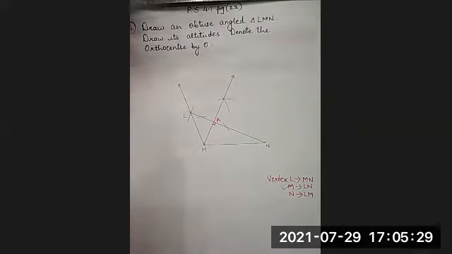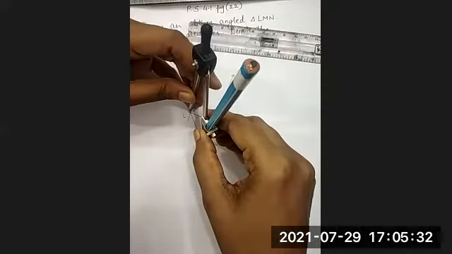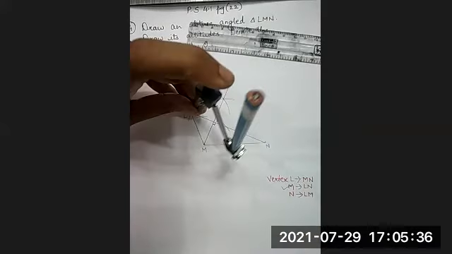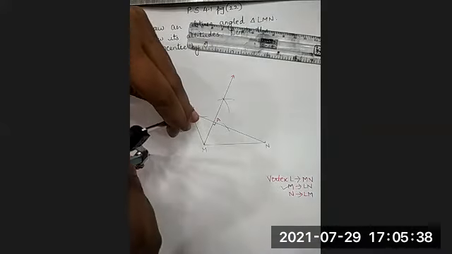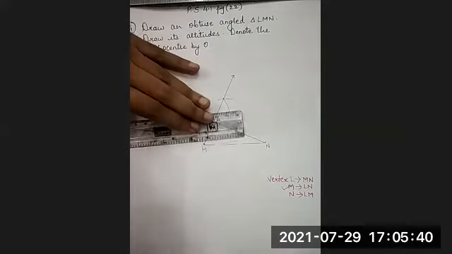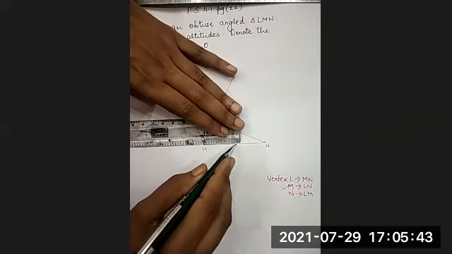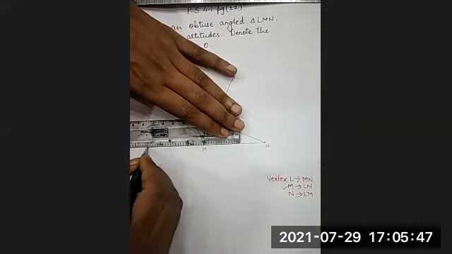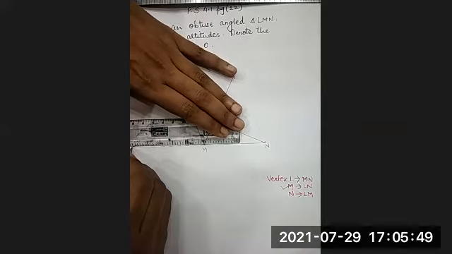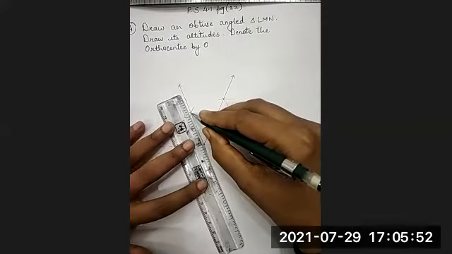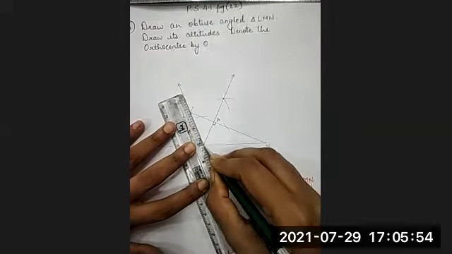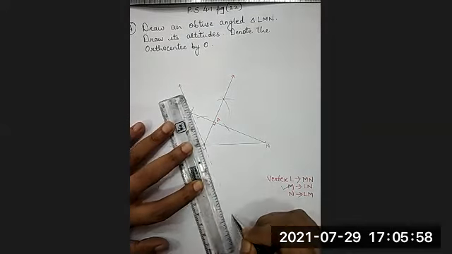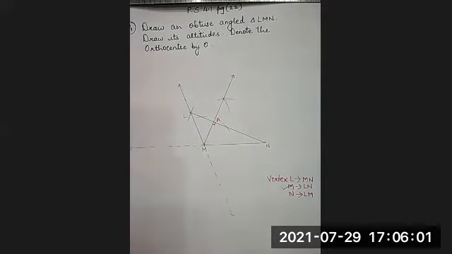Now let me take vertex L. So from L again to the opposite side, we have to draw a perpendicular. But if you see my other arc, it is coming outside the triangle. So what I will do is, I will extend the side MN. I'm showing it with a dotted line. And even I will extend this LM, showing with the dotted line. Like this.